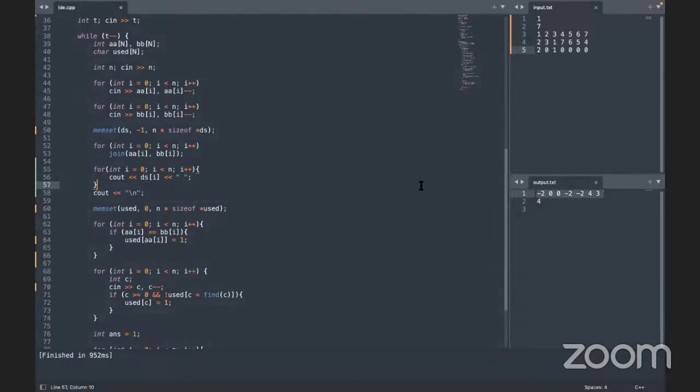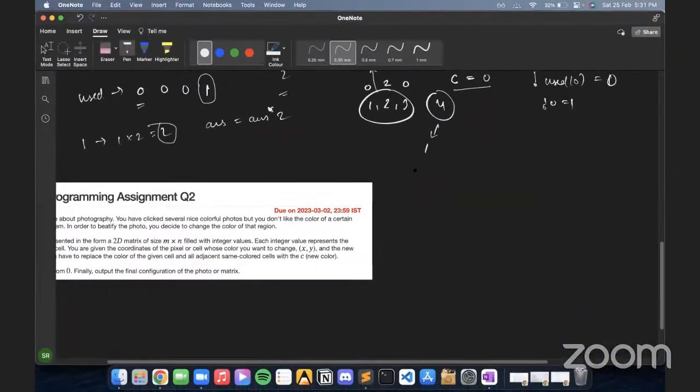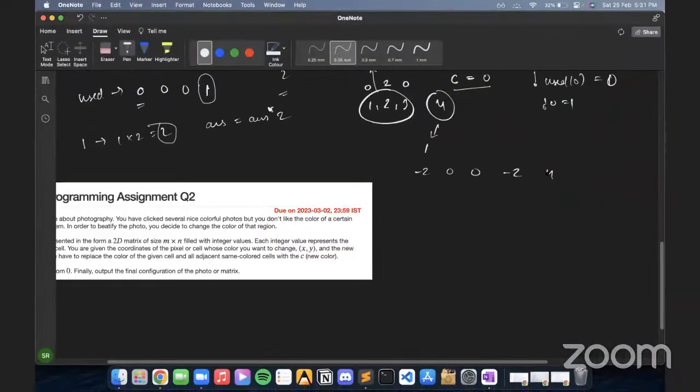What this tells us, basically, it is looking like -2, 0, 0, -2, 4. Actually, -2, 4, and 3. So this means this is a parent of a group, this is a parent of a group, and this is a parent of a group. The rest are just children of any groups. We're looking just at these indexes in the final for loop.